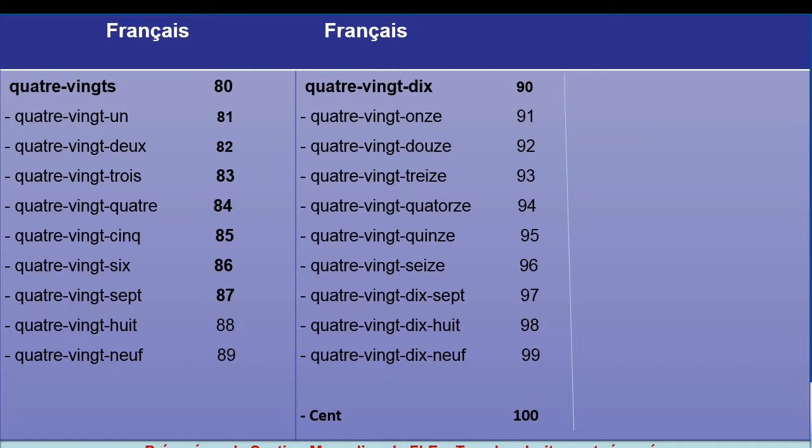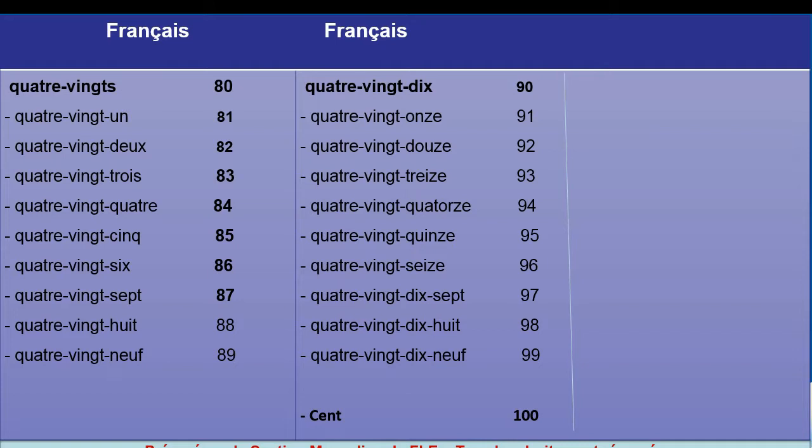But when I start with 90, I use the same idea as with 60 and 70. Here I say 80 and 90. 80 means 80, 90 means 90, 81 means 81, 91 means 91, like that.